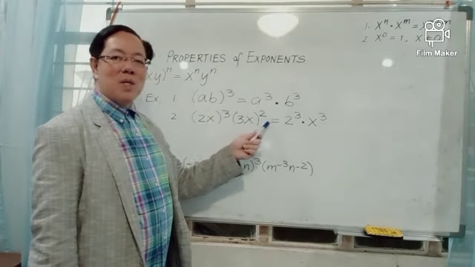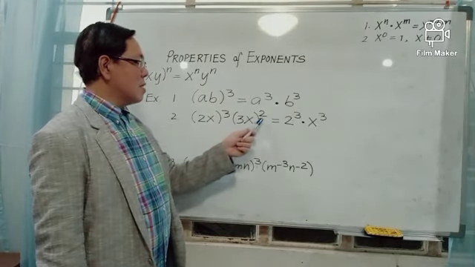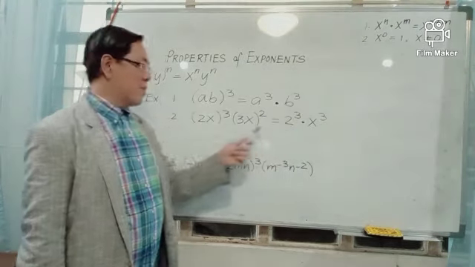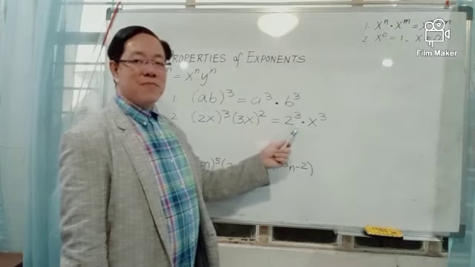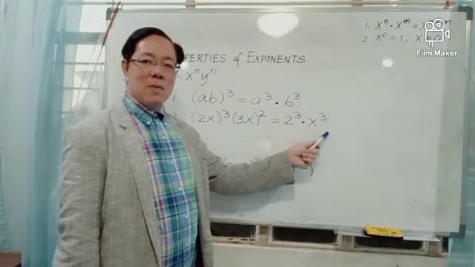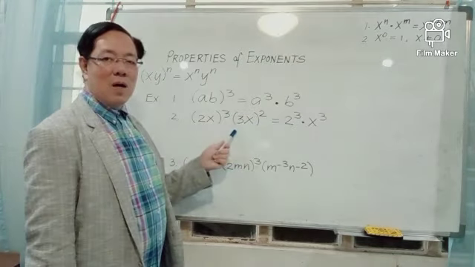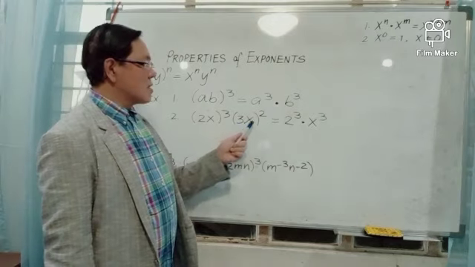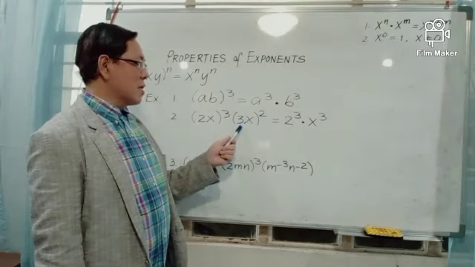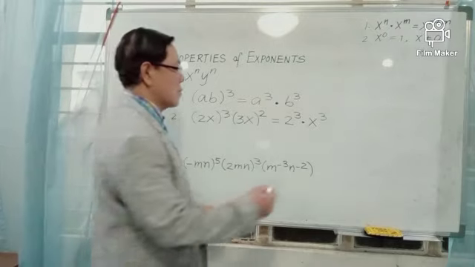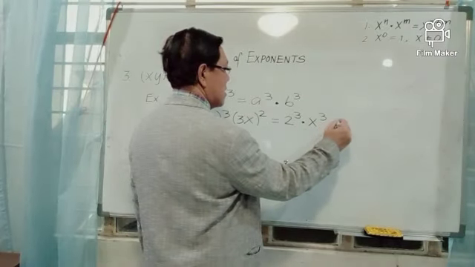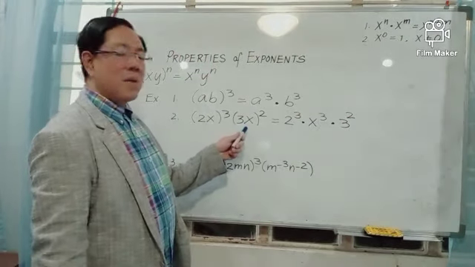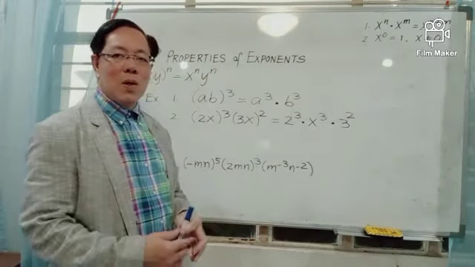So 3x to the power 2 equals 3 raised to 2 multiplied by x raised to 2, or x squared. This is the simplified form of the second factor, and we multiply it by the simplified form of the first factor from the left side.